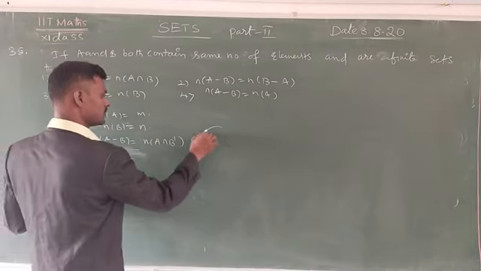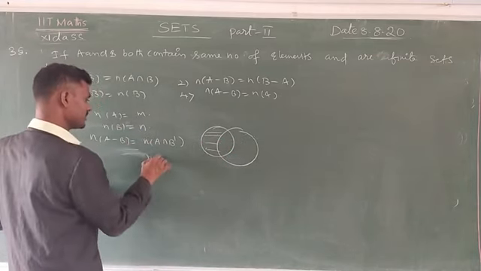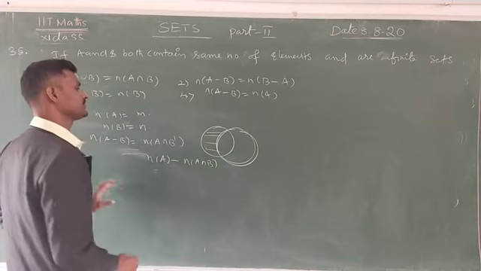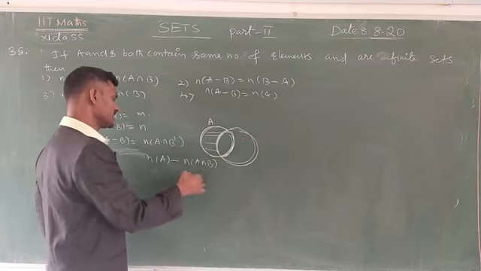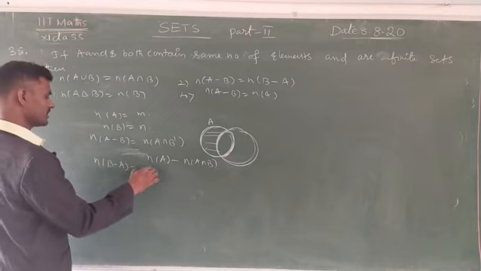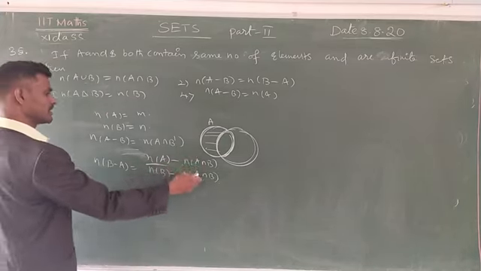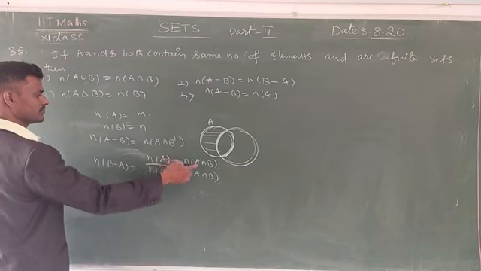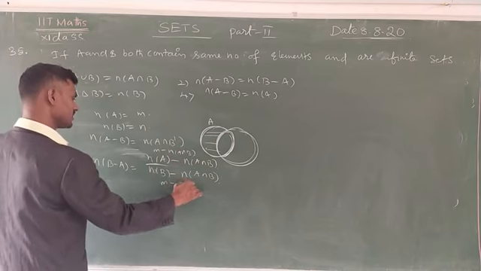It is n of A minus n of A intersection B. A minus B means the total A minus the intersection part, that is n of A minus n of A intersection B. Similarly, n of B minus A is n of B minus n of A intersection B. Now see, n of A is equal to n of B, the number of elements being m. So m minus n of A intersection B on both sides.